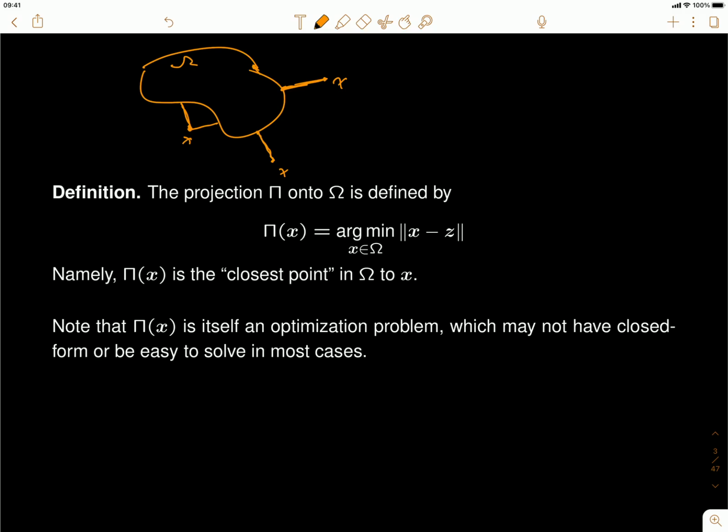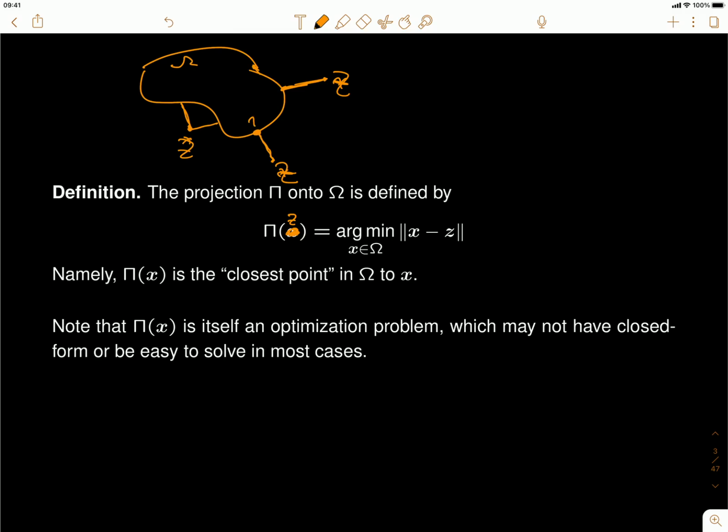The projection is the point in omega that is closest to z. In other words, for any given z, we want to find the point in omega that is closest to z.